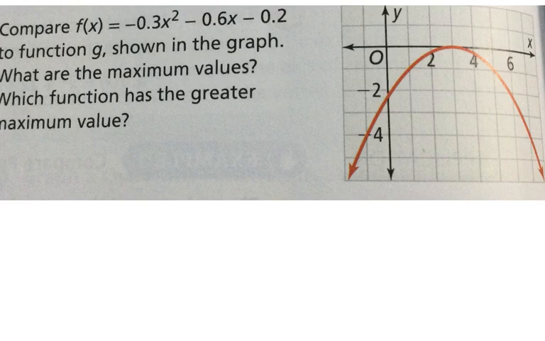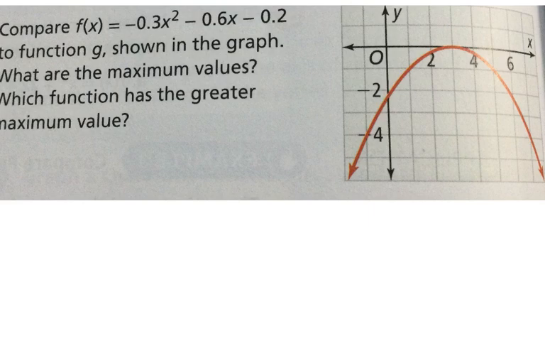x equals negative b over 2a. So this is negative, b is negative 0.6, so that's a positive 0.6 over 2 times a, which is negative 0.3. This looks awful, but it's not.